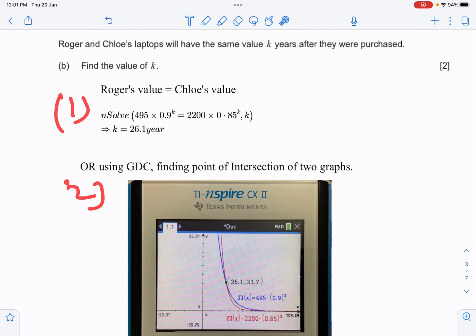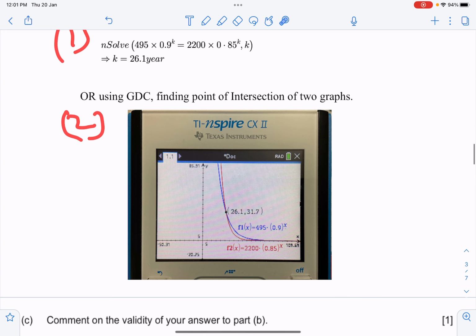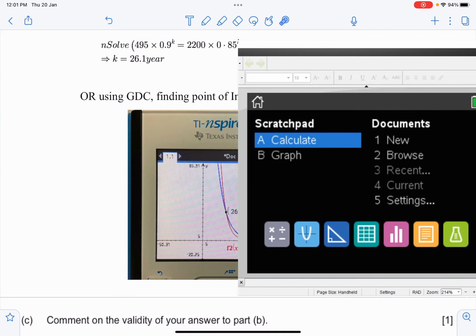This is the second method. I have used the graphics mode of my calculator and drawn both graphs, the graph of the first part and the graph of the second part separately, and then I found the point of intersection. So look at the calculation.